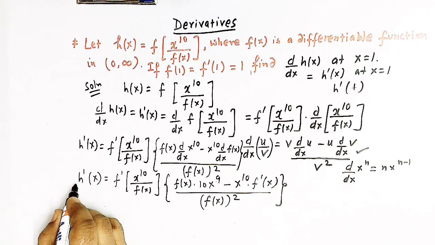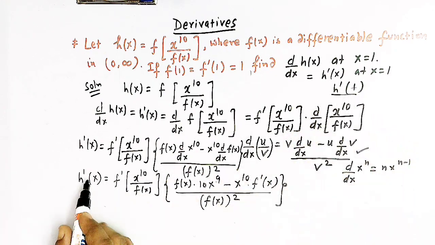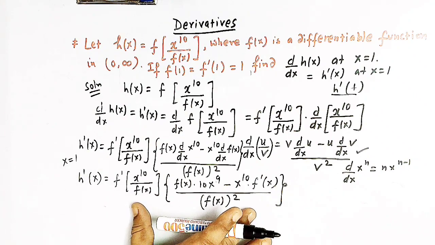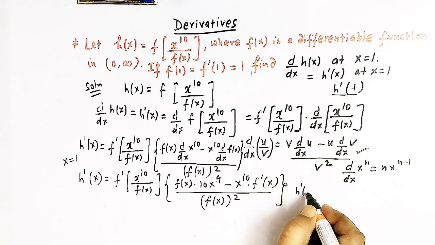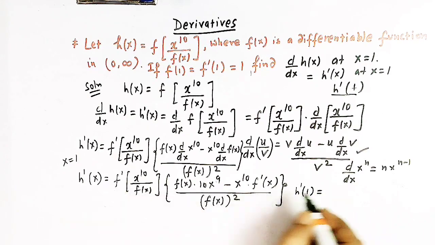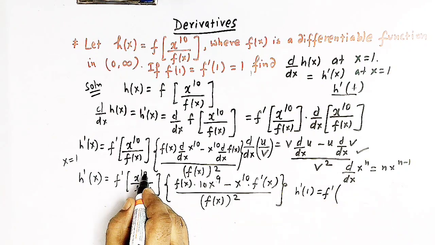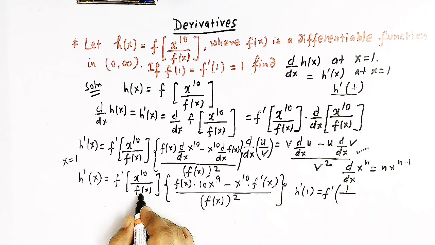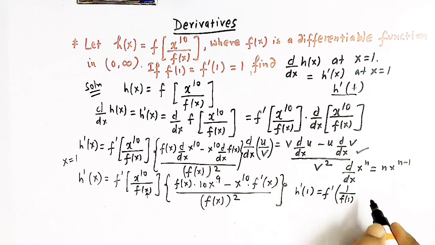So now we have to find h prime of 1. We'll take x is equal to 1 in this entire expression. So we have h prime of 1 is equal to f prime, and here we have 1 raised to 10, which is simply 1, and x is equal to 1, so that is f of 1.